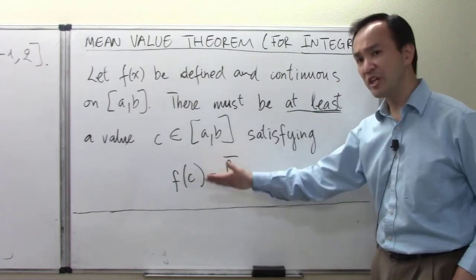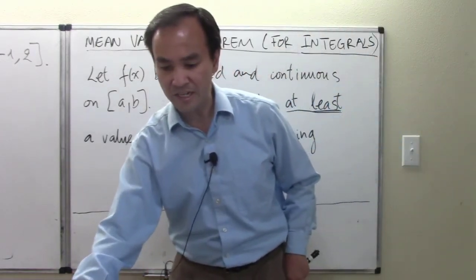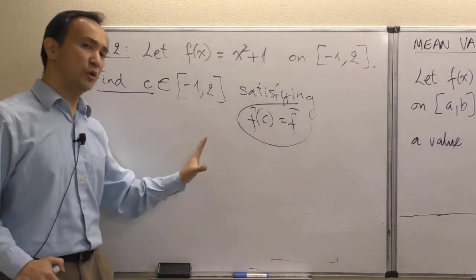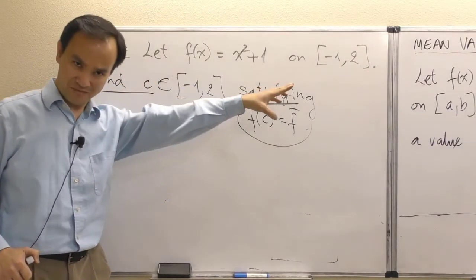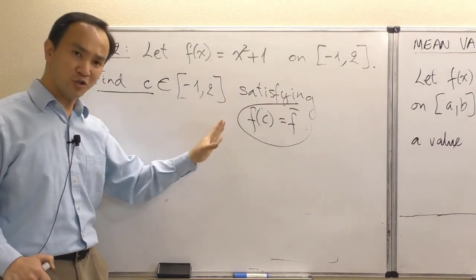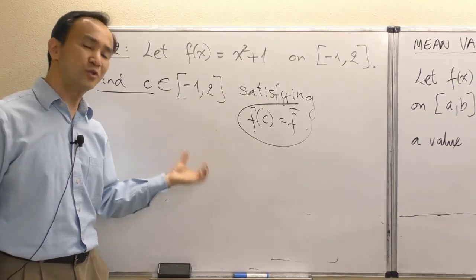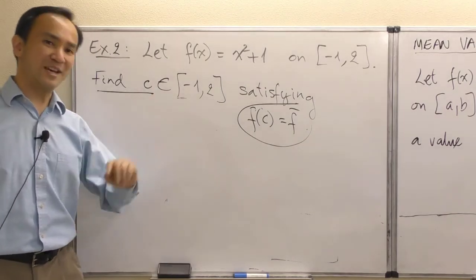Okay, but there will be at least one value that satisfies us. And so once we knew that there will be a value, then we're going to go ahead and make our attempt to solve. That's why, back in my example 2 earlier, I spent my effort solving, because I knew in the back of my mind, with the understanding of that theorem, that there will be a solution, there will be an existing value. That's why it's worth it to find, and that's how I decided to write that here as an example.